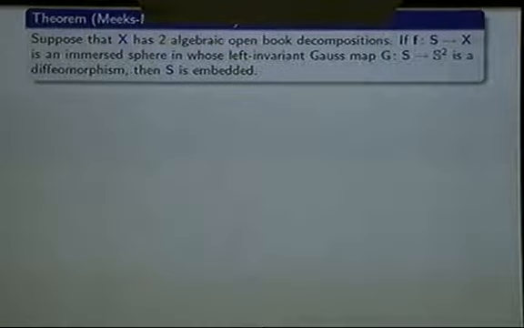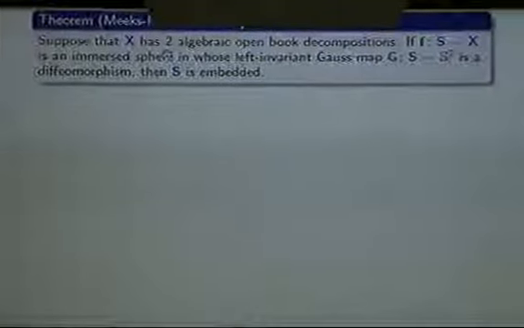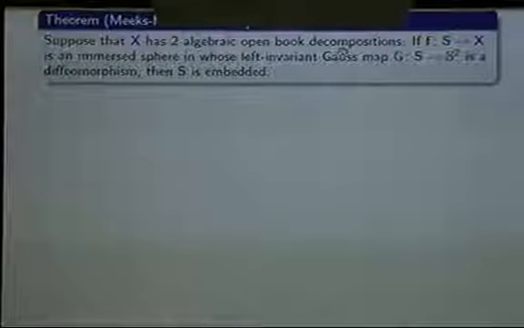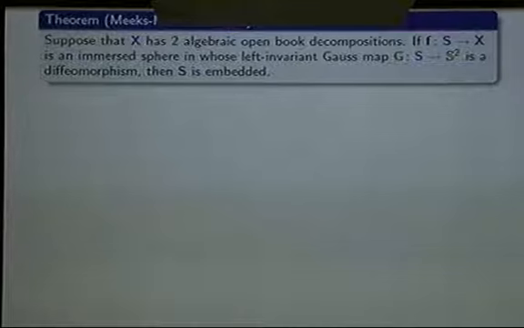Okay. So our goal is to prove that suppose we have a space with 2 open book decompositions. Remember, we described open book decompositions when we had a matrix which was diagonal. Remember, we had 1 and B on the diagonal and 0 and 0.